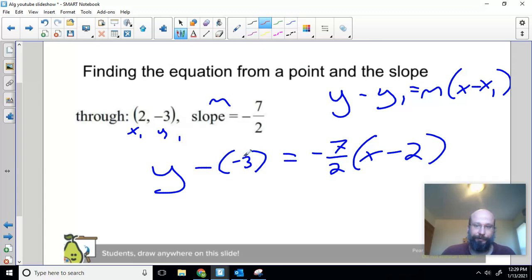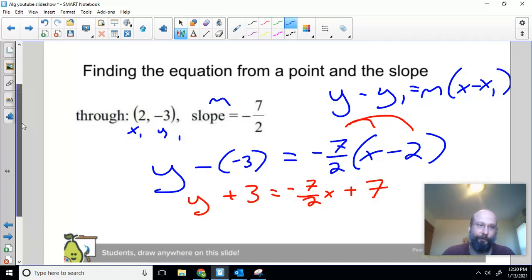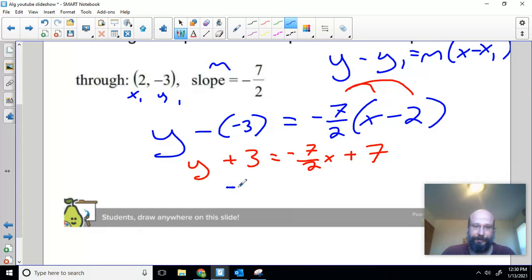So whenever you subtract the negative, this becomes positive. -7 over 2 times x is -7 over 2x. -7 over 2 times -2 is +7. And then the last step is to move this plus 3 over. The opposite of addition is subtraction.